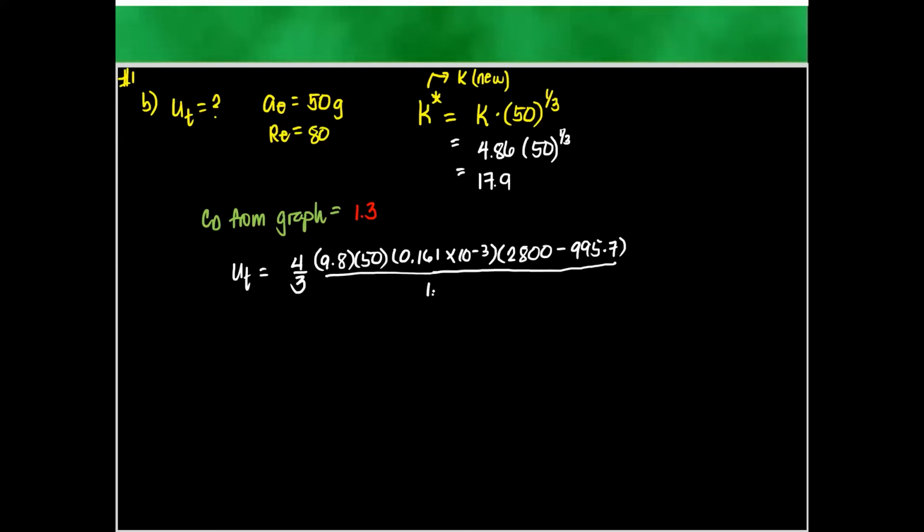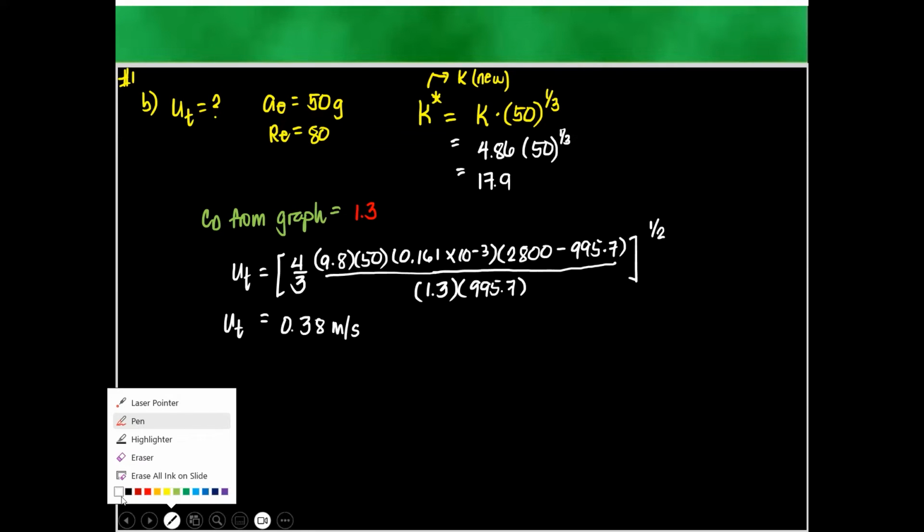So the CD that we have is 1.3, and everything here will be raised to 1/2. The answer is 0.38 meters per second.